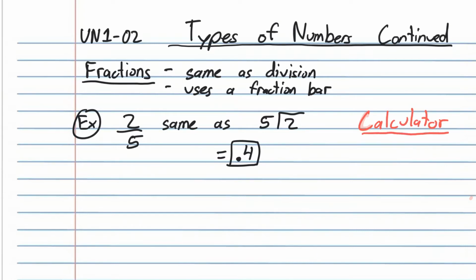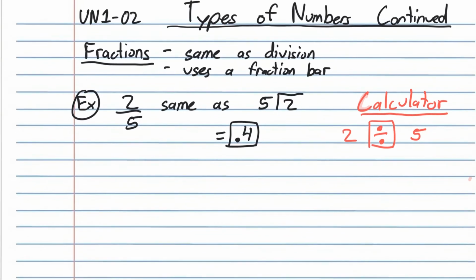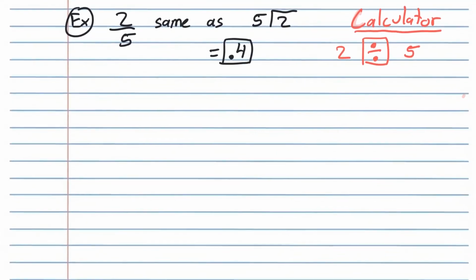If you're trying to do this problem in the calculator, you would press 2, then the division key, and then 5. And it'll also give you the answer of 0.4. So that's one thing to be aware of. You are allowed to use a calculator, but make sure you're entering it in correctly. Otherwise, mistakes happen and wrong answers come up.